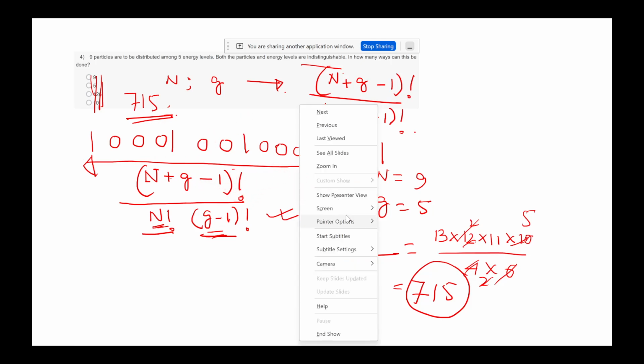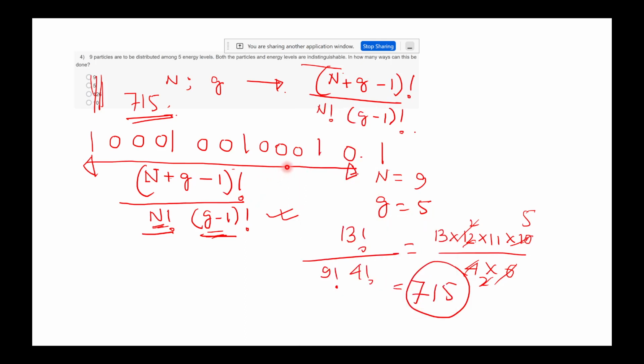So there is a fundamental difference. Here we are just asking about the distribution. When we include the energy levels with the particles, that's why you can write n plus g minus 1 factorial, right?